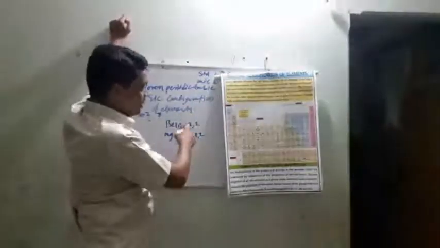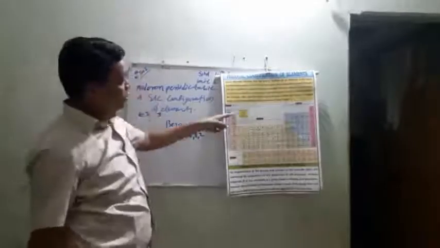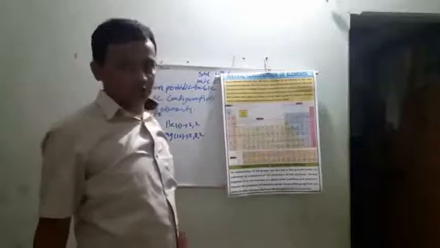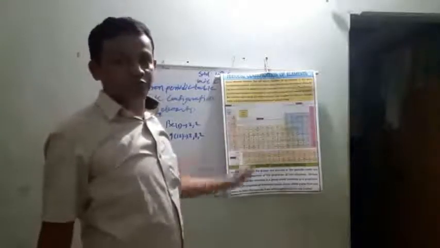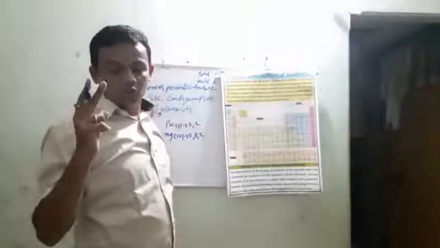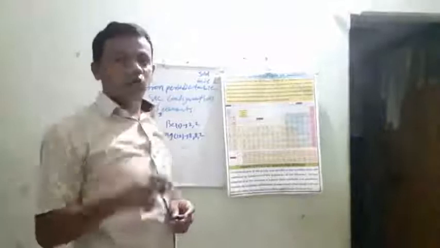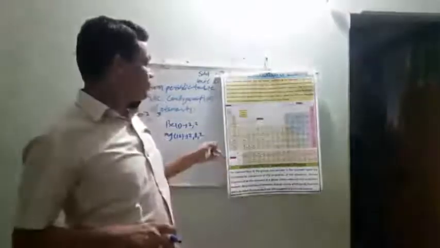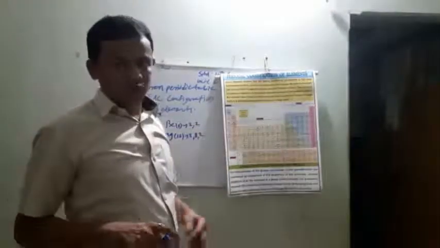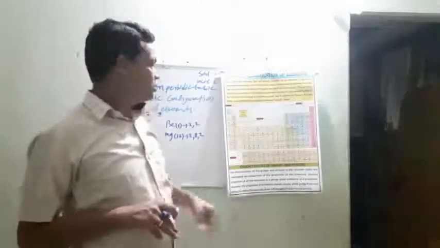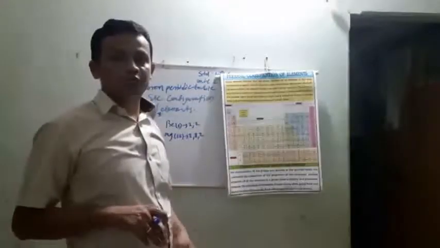So if you do the electronic configuration of these elements present in group second, you will find that there are 2 valence electrons, that is, electrons present in the outermost shell. So there are 2 valence electrons in all elements of group second.